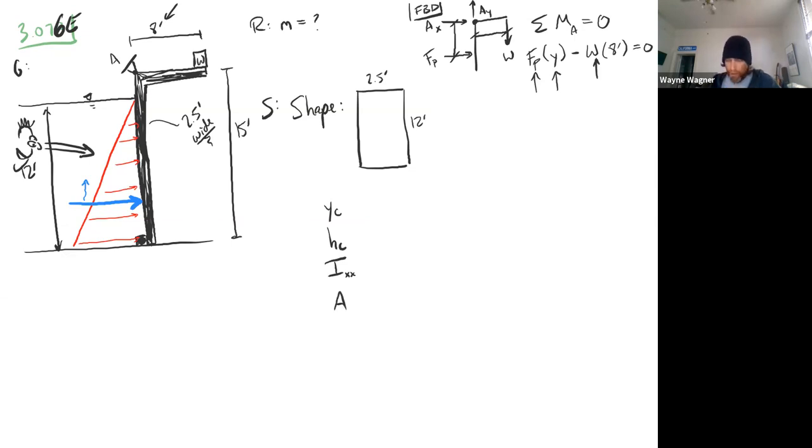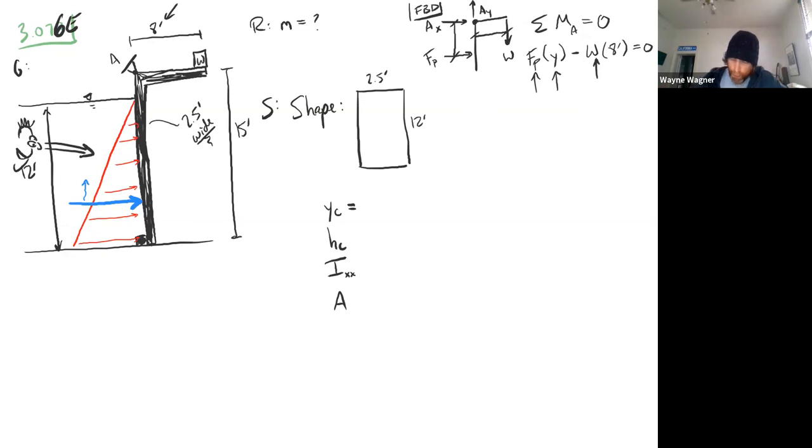Once you have all of these things, and if you do them correctly, then solving for the other things becomes a lot easier. So YC is the depth to the centroid of this shape. We look up a shape chart, which is in your textbook, or you can just type into Google, centroid of common shapes.